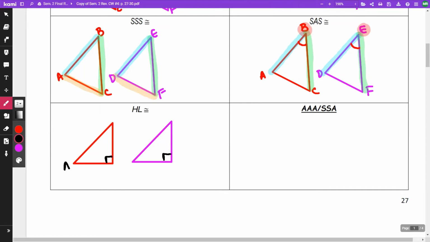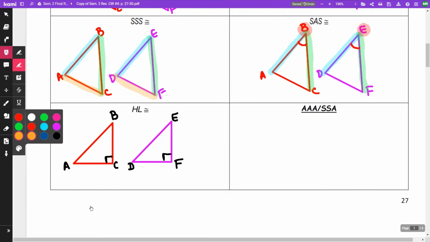Let's say that this is A, B, C, and this is D, E, F. So hypotenuse leg means I need to know the hypotenuse in each of them. So let's say I know AB here. I need to know DE here. That's going to be hypotenuse. And then a leg, I need to know one of the legs, either AC or BC. So let's say I know BC and EF. That would be hypotenuse leg.